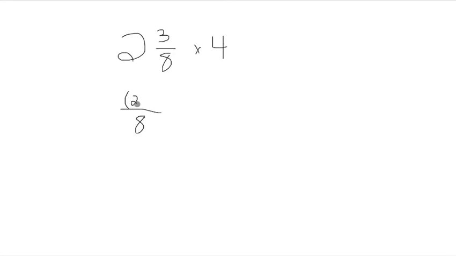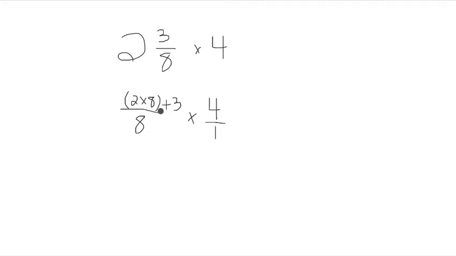So 2 times 8 plus my numerator, 3. Now 4 is a whole number, so I have to convert it into a fraction in order to multiply it. So that's going to be 4 over 1, because 1 goes into 4 times.